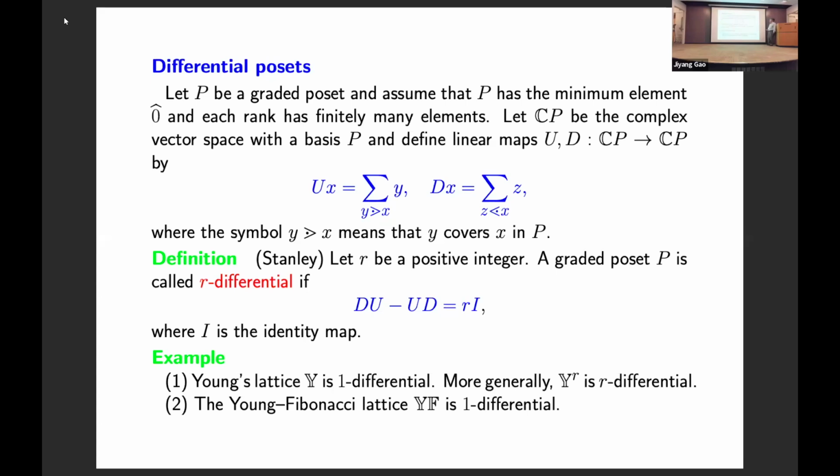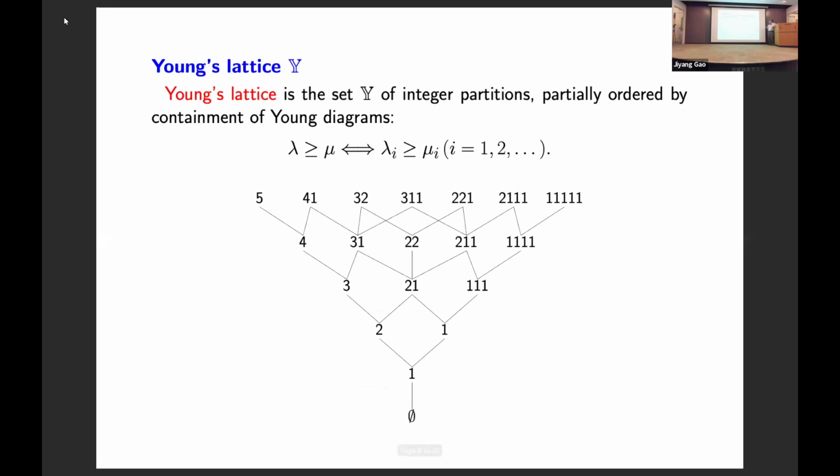So this is Stanley's 1988 paper, and at that same time Fomin reached almost the same notion. And he called this Young's lattice. And this symbol Y follows from Fomin's paper, later denoted by Z1 here. So this is Young's lattice.